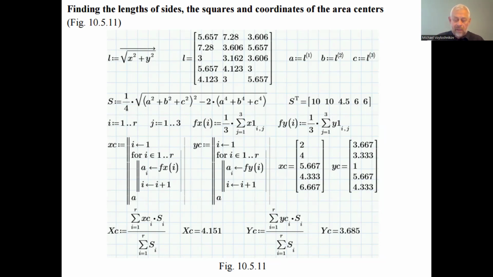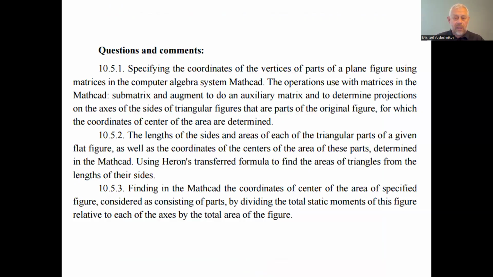So this is very relevant. It shows how to find the geometric characteristics of the complex figure as a transverse section, or just a figure as a subject of the motion, the dynamics and action of the external efforts, forces and moments, etc. Questions and comments.